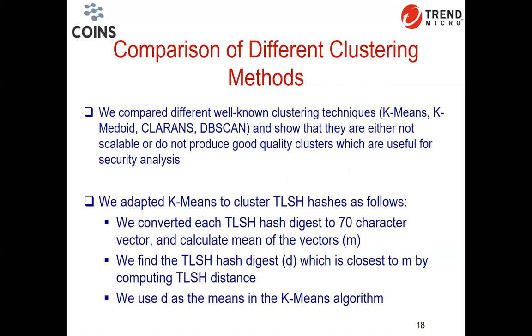We found that k-means and k-medoid based methods in general did not produce good cluster quality. On the other hand, DBSCAN did produce good quality clusters, but it doesn't scale as well. So we want a solution that scales well with increasing sample sizes, but at the same time can give us good cluster quality.